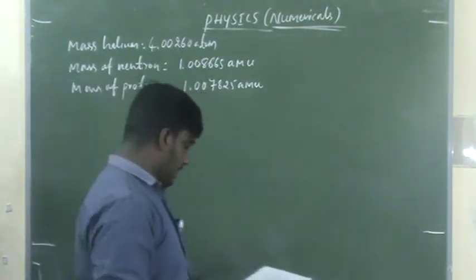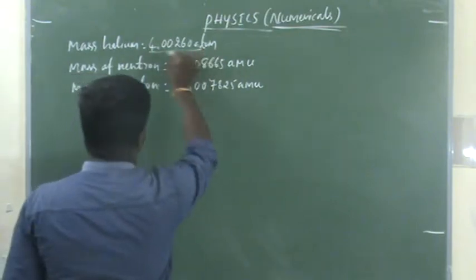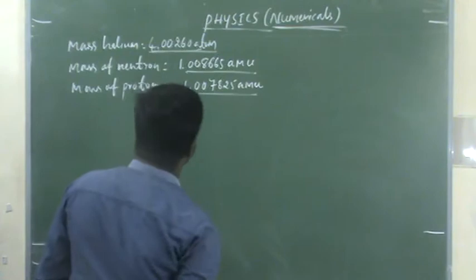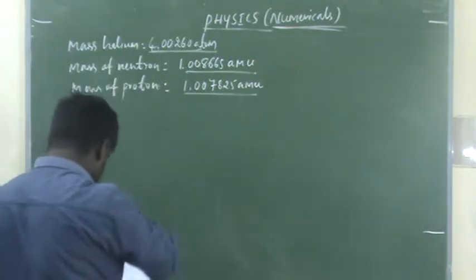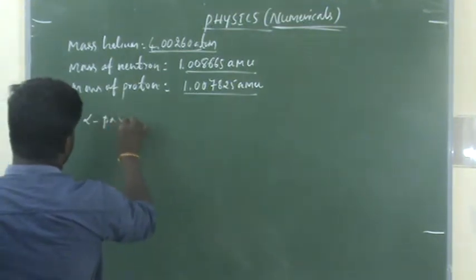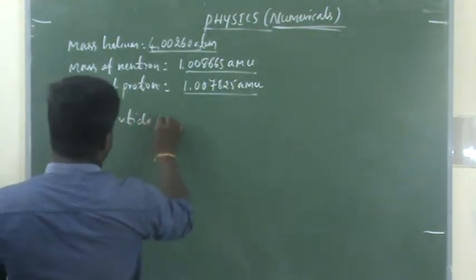So write down the given data: mass of the helium, mass of the neutron and mass of proton. Alpha particle means helium atom.